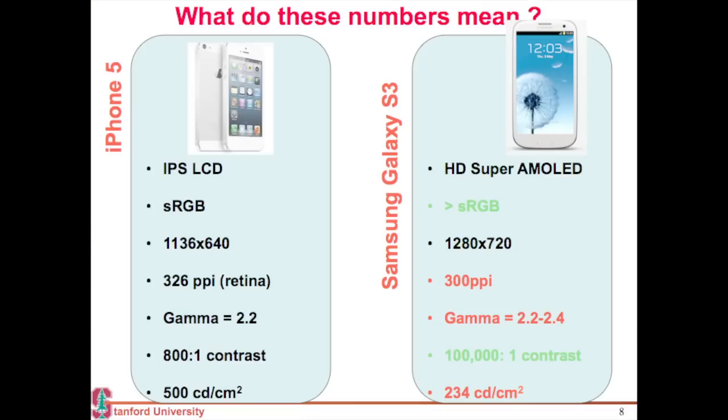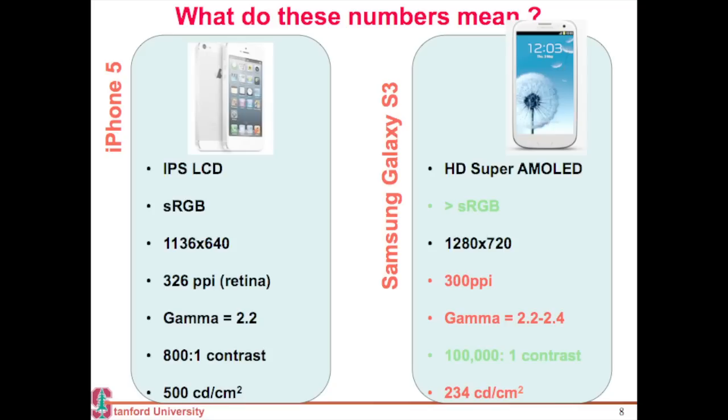Here is that in more detail. If you look up the iPhone 5 display spec, it says IPS LCD technology. So again, what is IPS? It says the sRGB color gamut. What is the sRGB color gamut? It says this much is enough to call it a retina display.